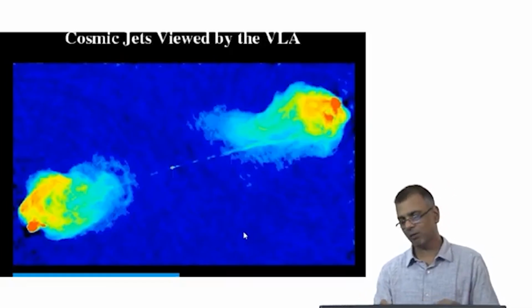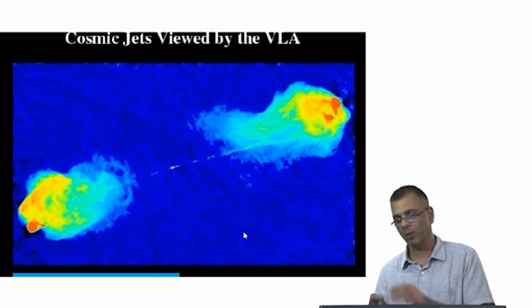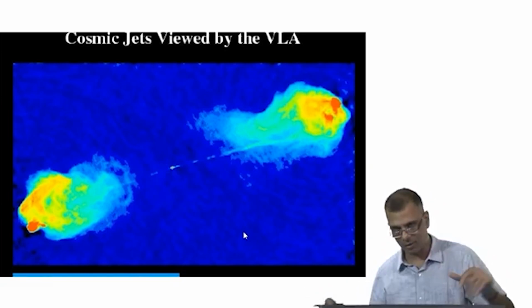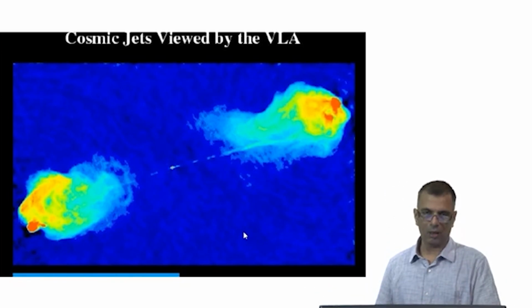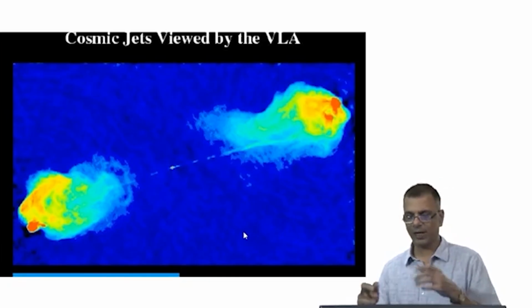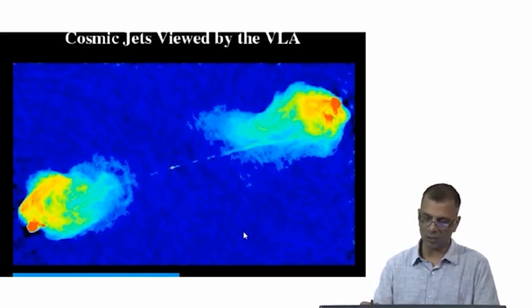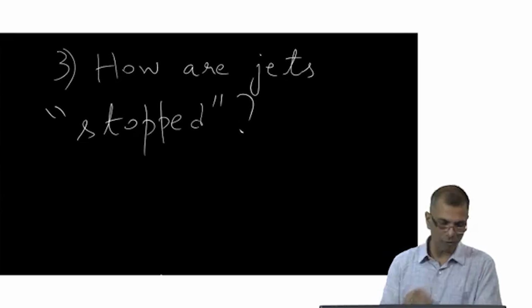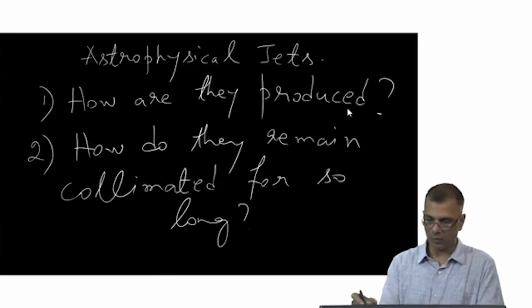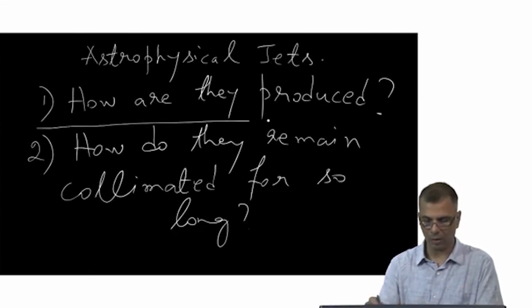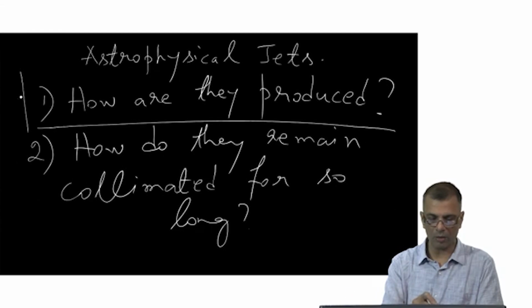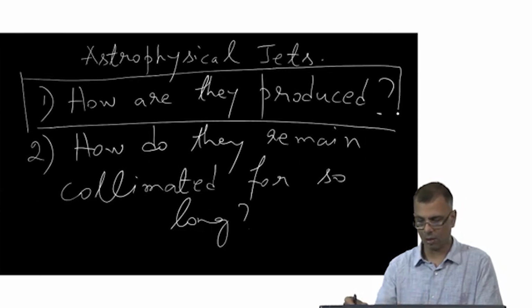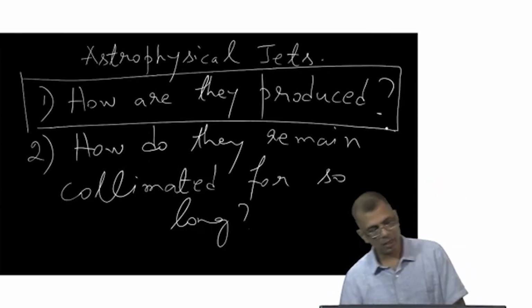It seems as if the jet has run into some kind of wall and it splatters out there, essentially splattering all over, and that's what leads to these lobes, right? However, in this case, we will confine ourselves just to the first question. How are they produced?